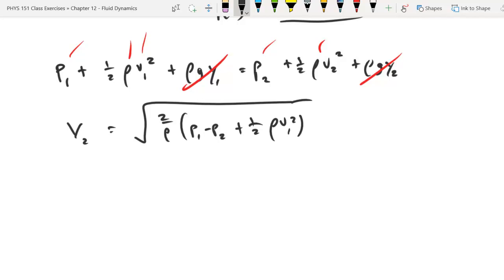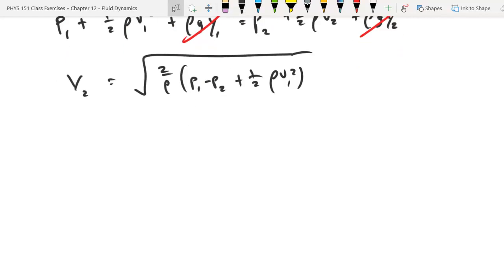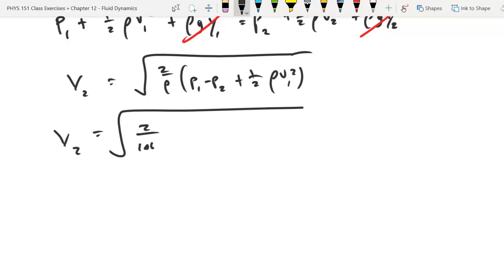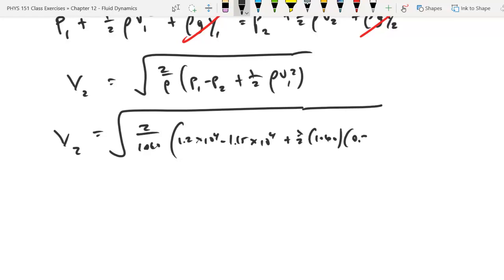Okay, so I'll go ahead and plug in all these values. This is going to be 2 over 1,060 times pressure 1, which was 1.2 times 10 to the 4th, minus pressure 2, which was 1.15 times 10 to the 4th, plus 1/2 of 1,060 times V1, which was 0.3 meters per second, squared.